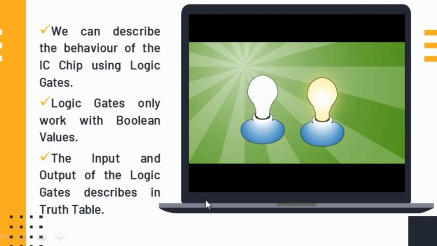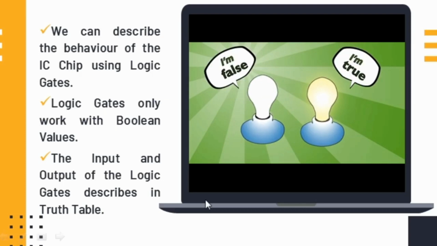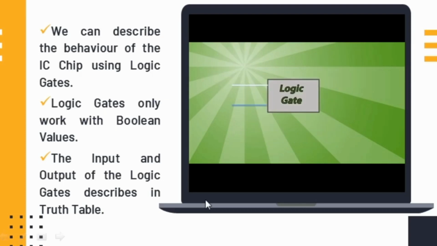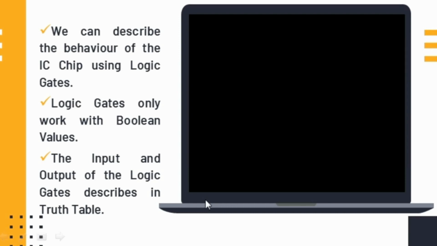The logic gates are used for making the process work well, especially for the input-output process. We can describe the behavior of the integrated chip using logic gates, either AND or NOT gates.